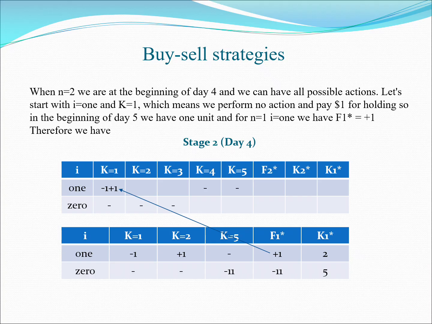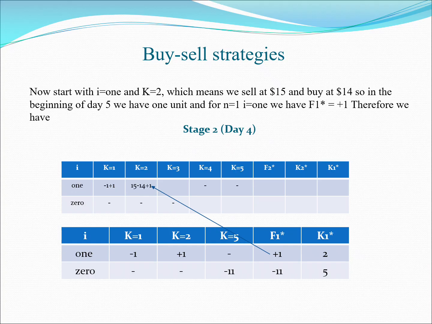Now consider I equals 1 and K equals 2, which means we sell at $15 and buy at $14. So in the beginning of day 5, we have 1 unit, and for N equals 1, I equals 1, we have F1 equals plus 1.